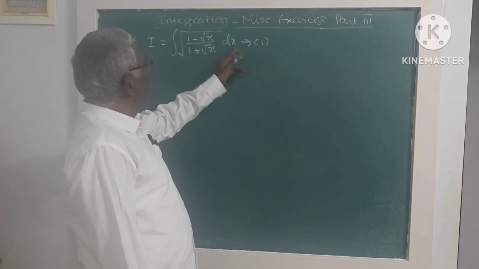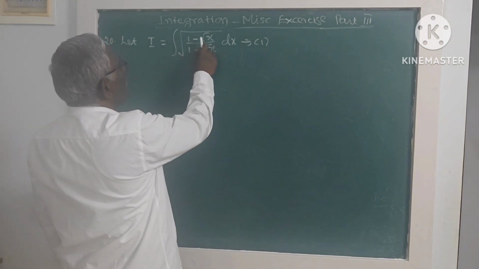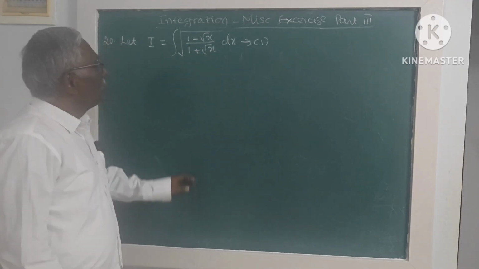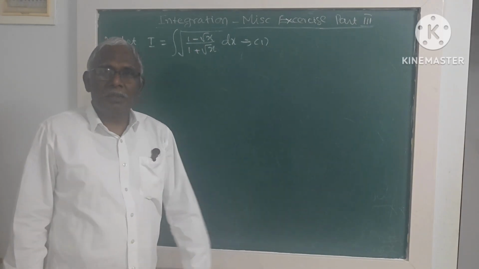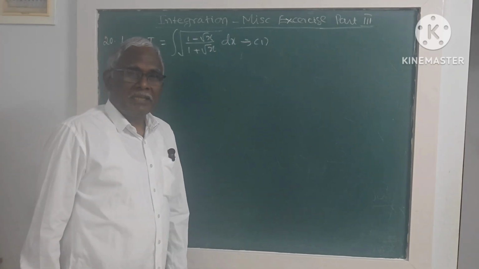We have to evaluate this integral. You see here square root of 1 minus root x by 1 plus root x is there. So 1 minus something, 1 plus something, what value we have to substitute for x?